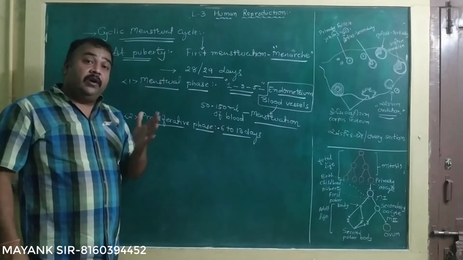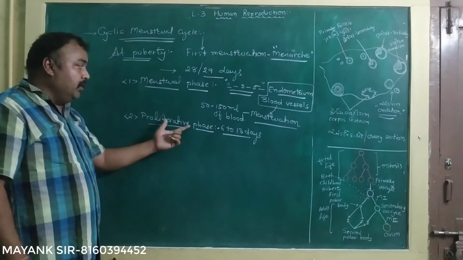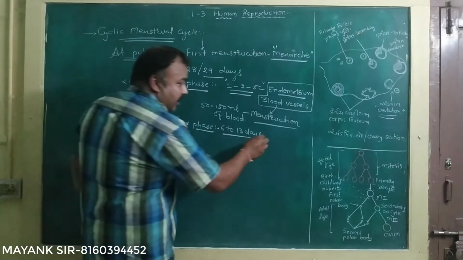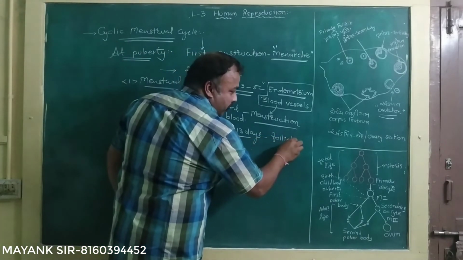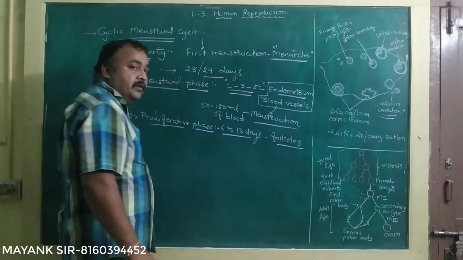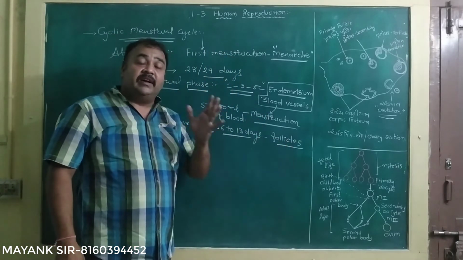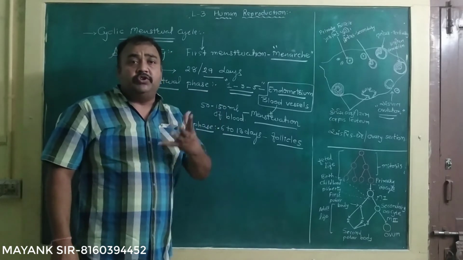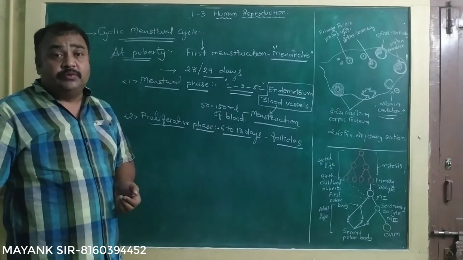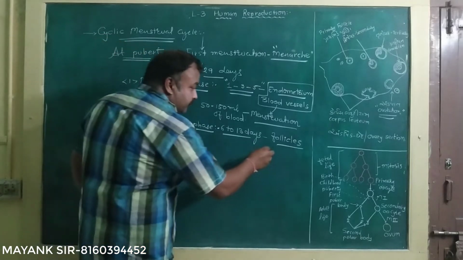During this, what happens? In the proliferative phase, there will be development of follicles. The ovarian follicles in the ovary start to mature and develop.